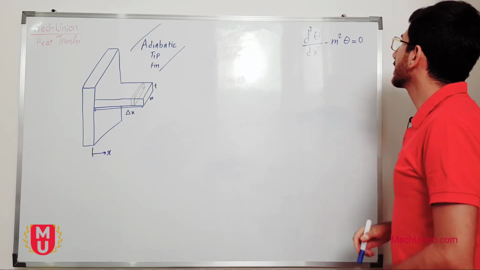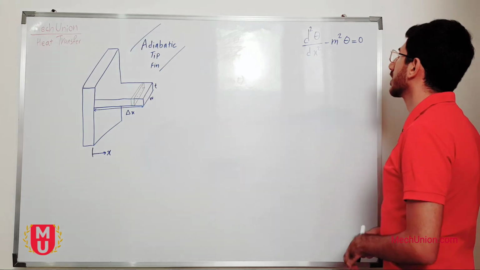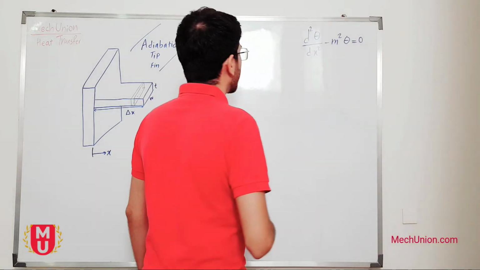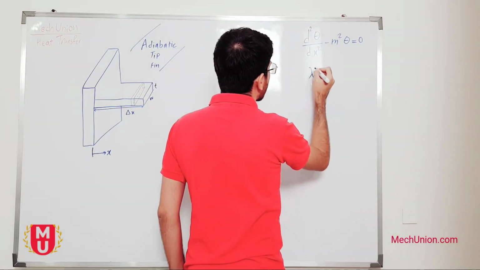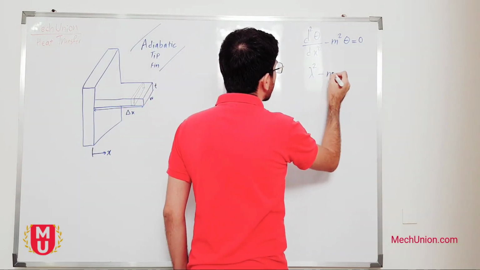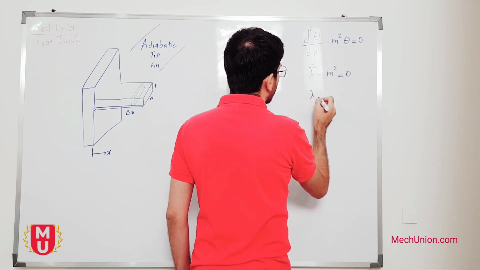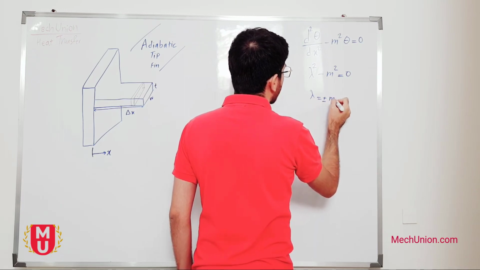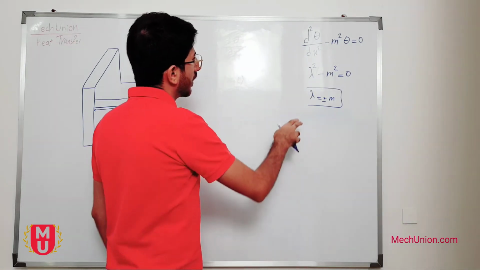This equation is a linear homogeneous second order differential equation with constant coefficients. So the characteristic equation will be lambda squared minus m squared equals 0, which gives lambda equals plus or minus m.